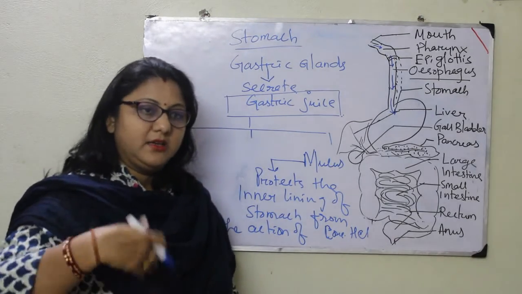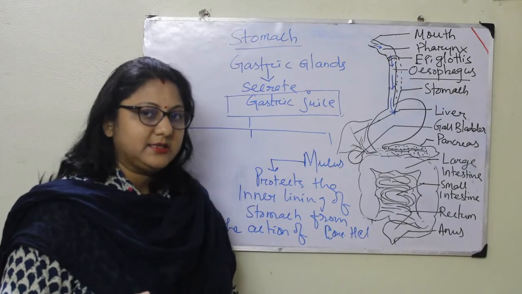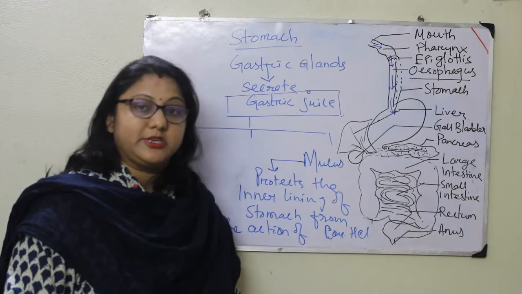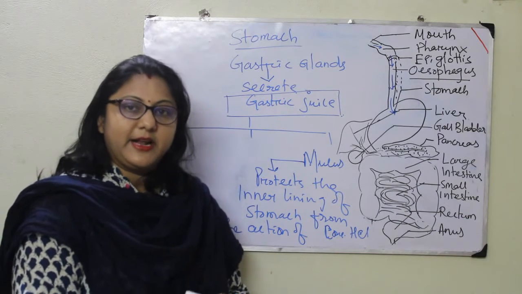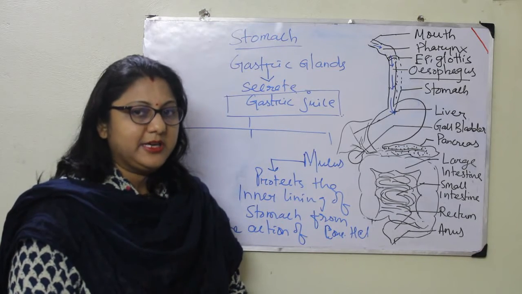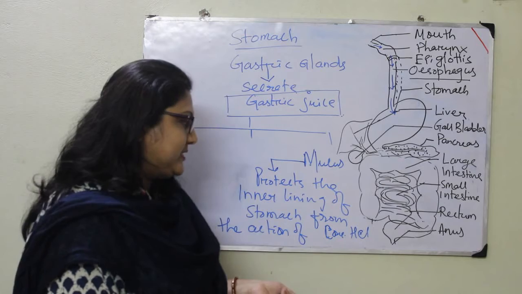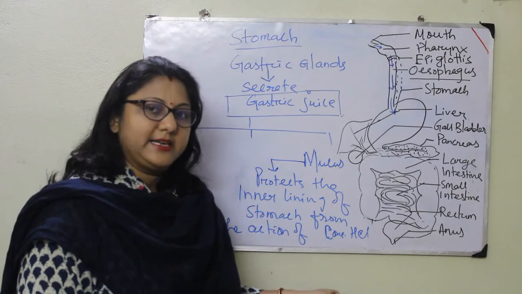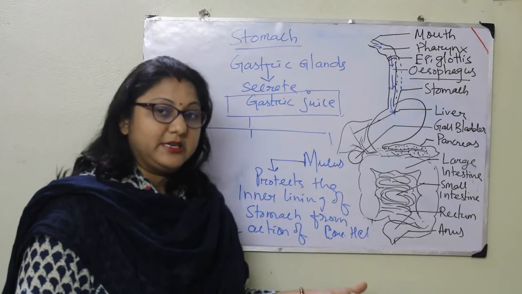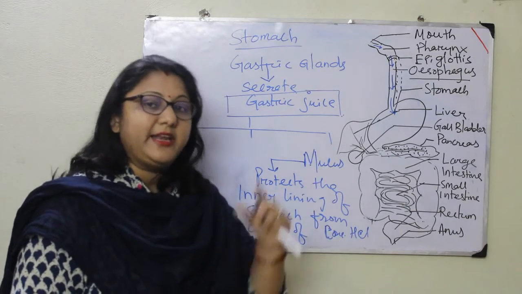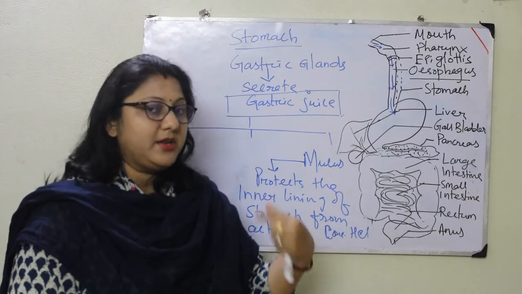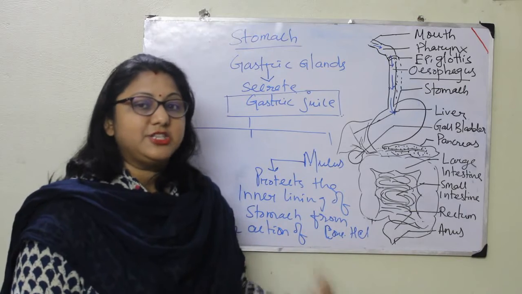Now we know that acids are very corrosive in nature, and the stomach is secreting the concentrated form of hydrochloric acid. Definitely it may burn, harm, or destroy the tissues of the stomach. So who is helping for that? The acid is being secreted, and at the same time the gastric gland secretes the mucus which protects the inner lining of the stomach, so that the acid will not come in contact with the inner lining directly.